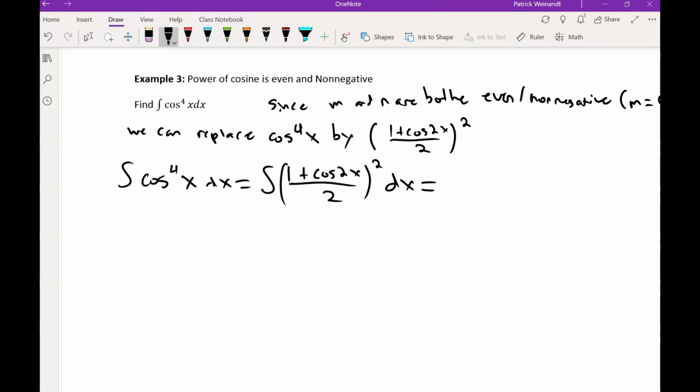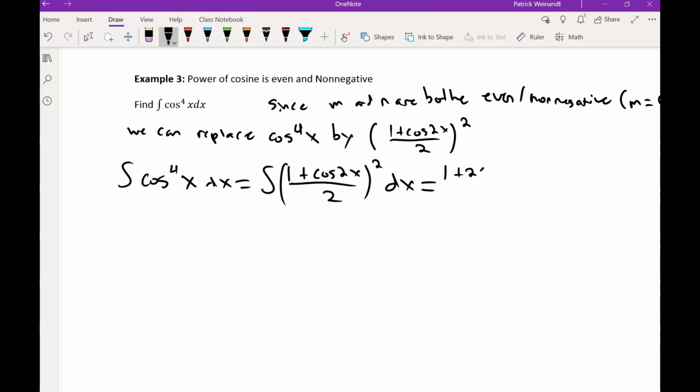Okay, now how is that helpful? Basically what you're going to want to do is, again, break apart that fraction like we've done in previous examples, and also expand that numerator. Well, 1 plus cosine of 2x, if I square that value, well, 1 times 1 gives me 1. Then I have a cosine of 2x times 1 plus another cosine of 2x times 1.